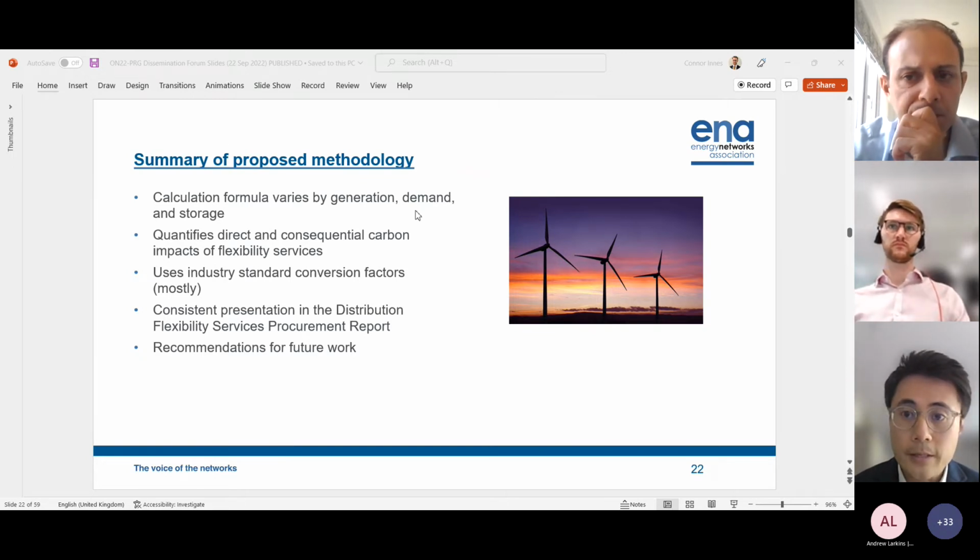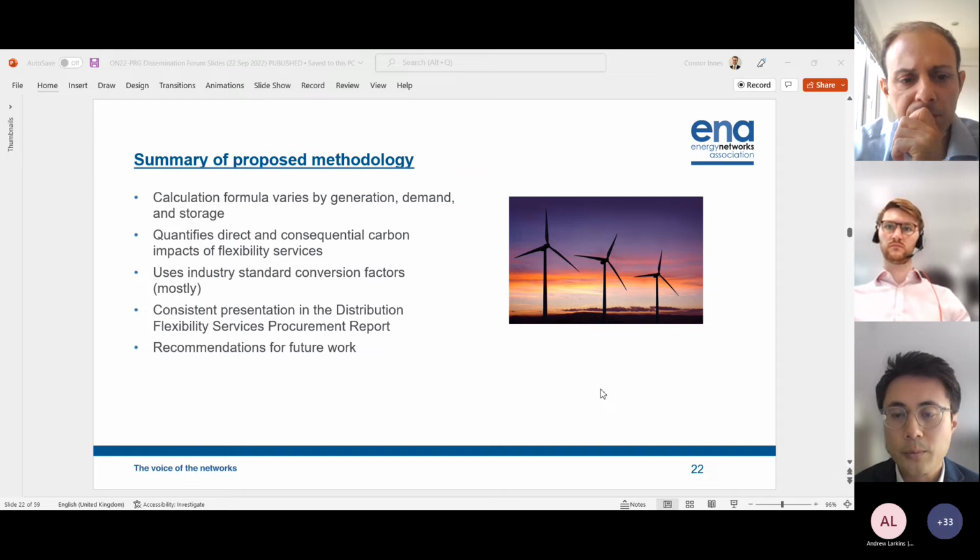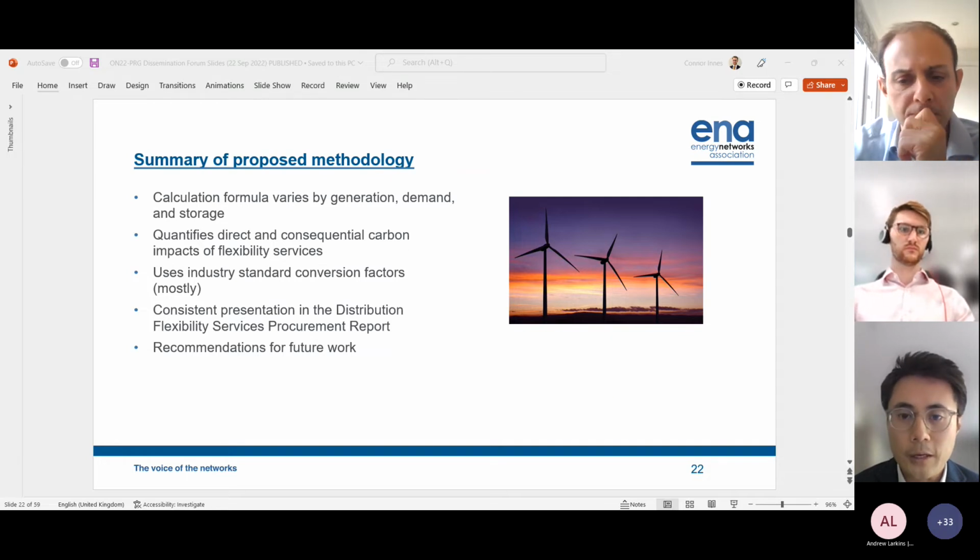We also standardized how the data would be presented in the distribution flexibility services procurement report, which is one of the reports under our license condition.